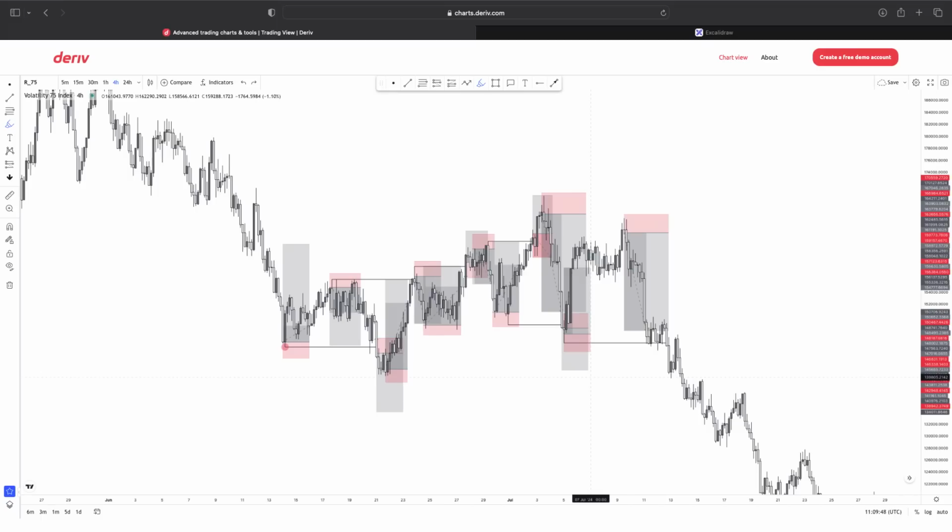Liquidity resides on every high or low in the market, and you just need to understand what's happening on these highs or lows. You need to understand that for price to push up, there should be some sellers that are willing to lose to the buyers, and for price to push down, there should be some buyers that are willing to lose to the sellers.